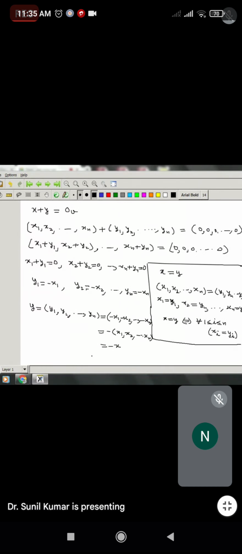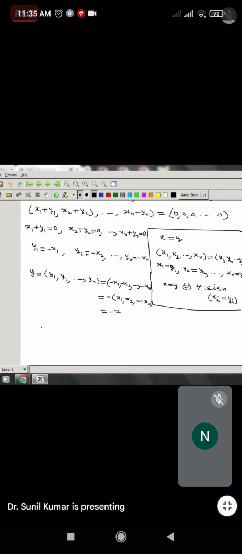So we can take minus common, then it becomes minus of x1, x2, and xn. And x1, x2, xn is nothing but x, so minus x. So y equal to minus x. So this is the additive inverse. Therefore, y is equal to minus x, the additive inverse of x in Rn.